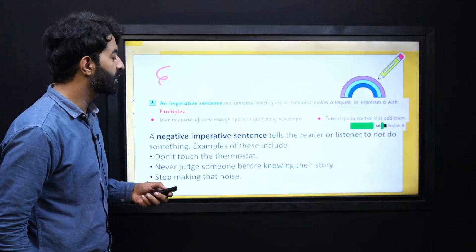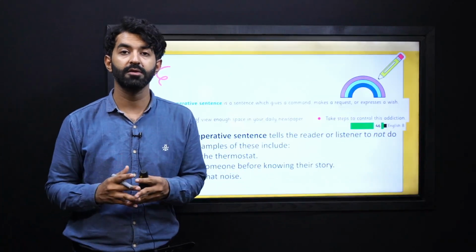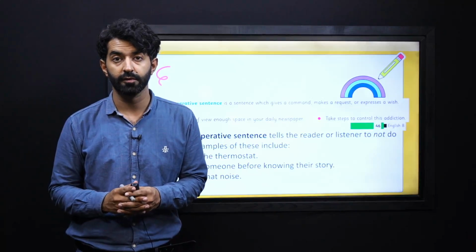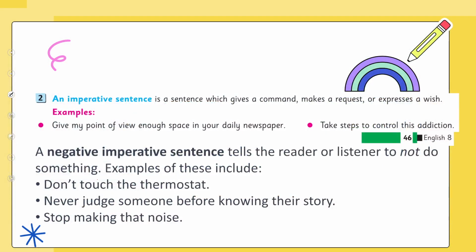Now, the next one is another type of sentence called the imperative sentence. And an imperative sentence is a sentence which gives a command, makes a request, or expresses a wish.